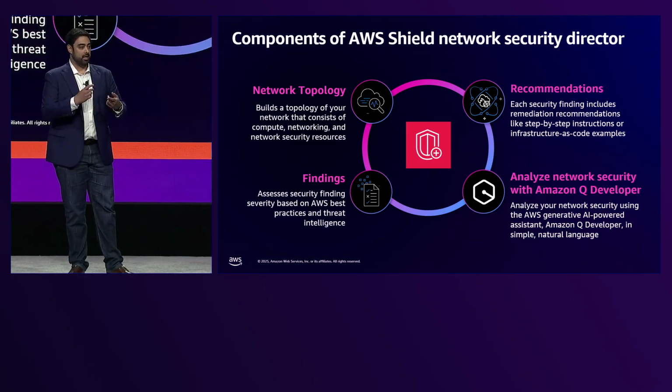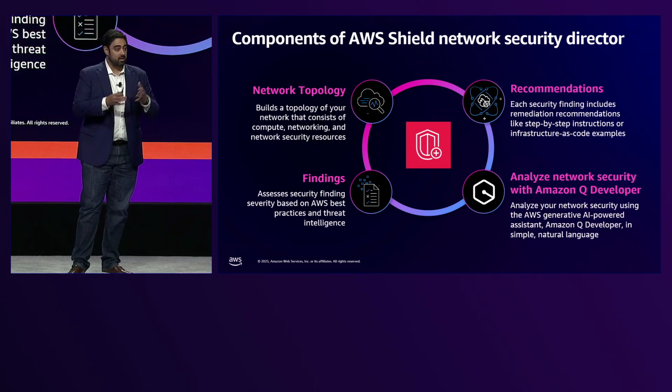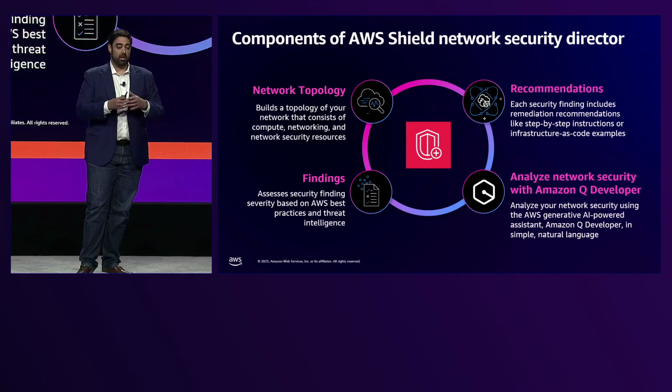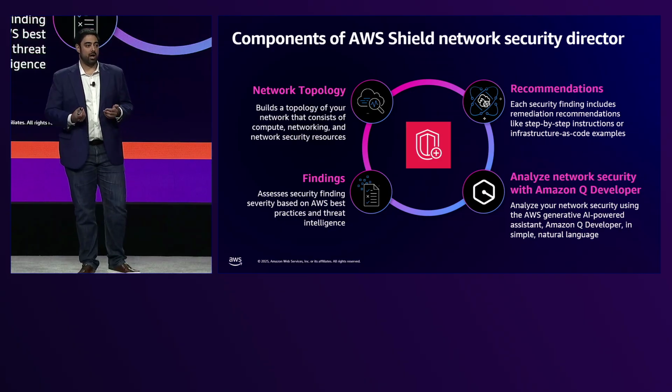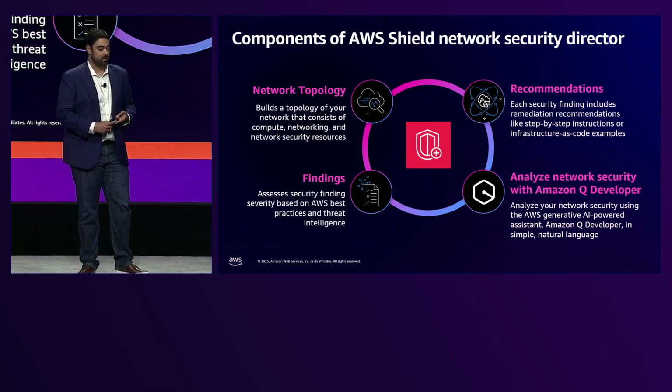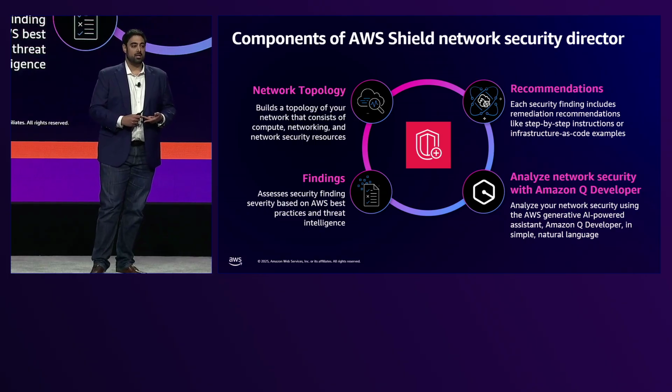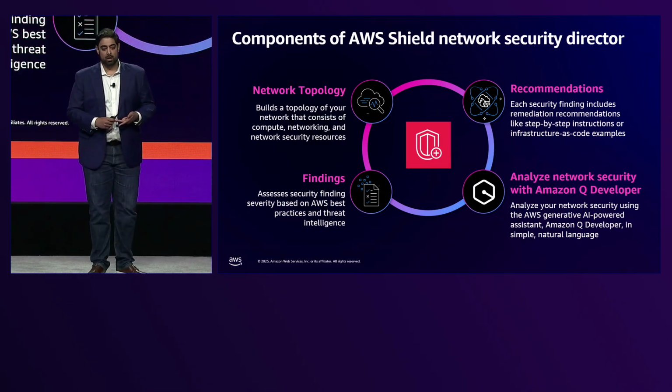We are understanding how they're connected, related, what is reachable from the internet, what is not reachable from the internet, transitive relationships between resources as well, to help you understand what you have and how traffic theoretically flows between these resources. The findings specific to actual security gaps in your environment based on both AWS best practices and threat intelligence, to help you understand what needs to be implemented, where and when and why.